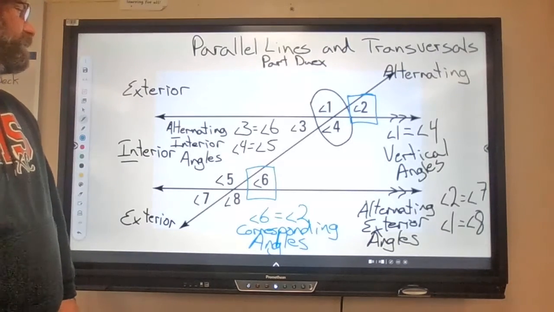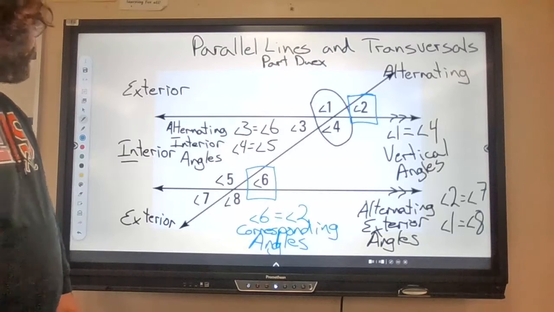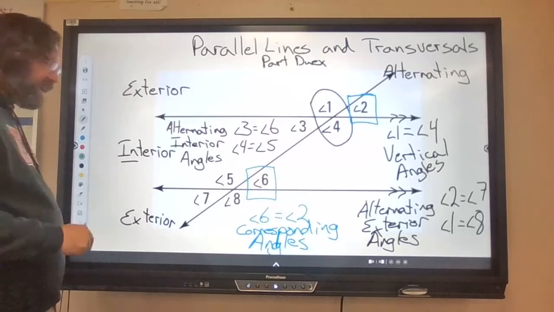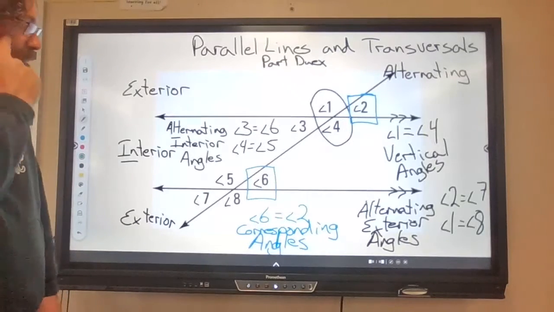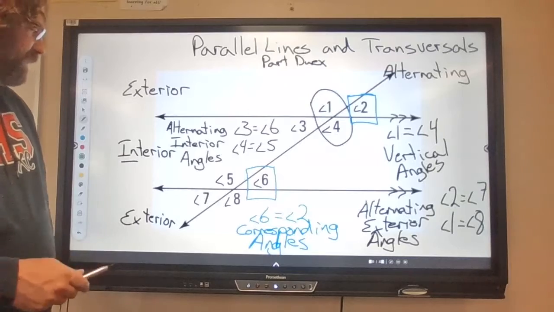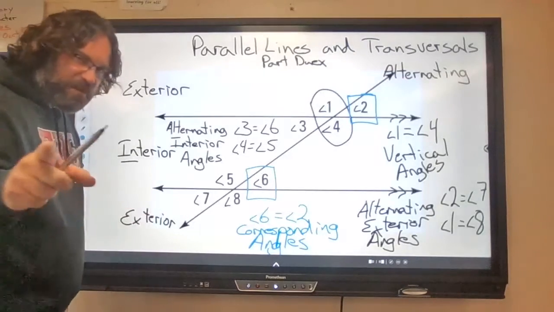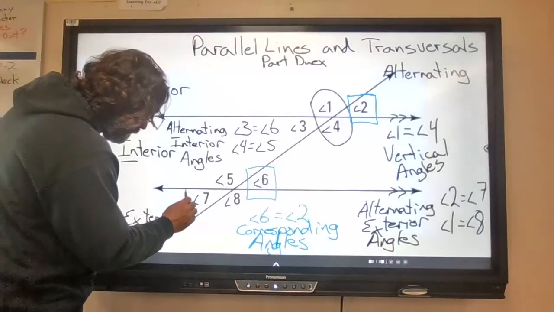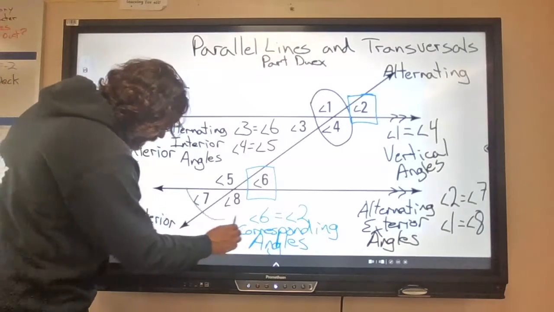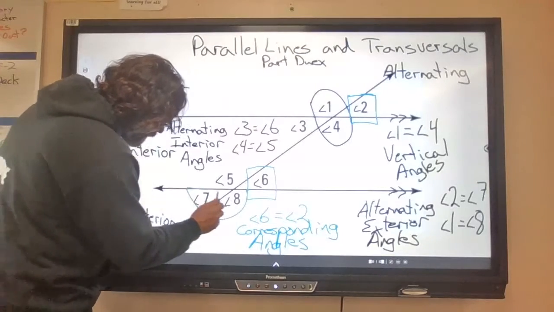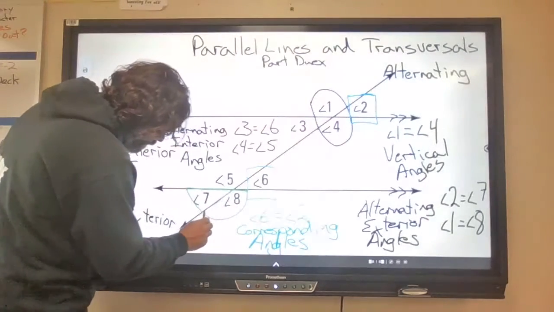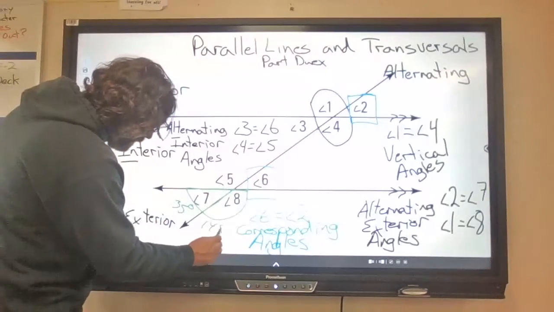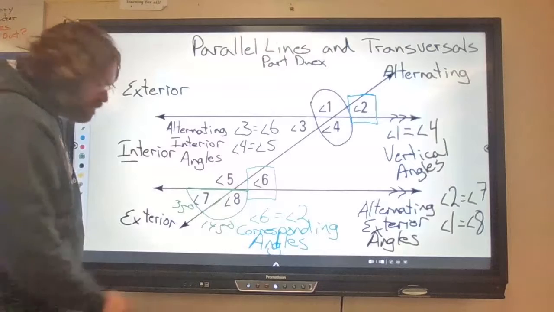There's one other thing I want to do. I'm going to switch colors, and I know this is a little difficult for some of you, but that's okay. We'll review this more and more. You probably remember this from the protractor half moon thing with all the numbers. If I look at angles 7 and 8 right here, I know that this was 35 degrees, and I know this is 145 degrees.